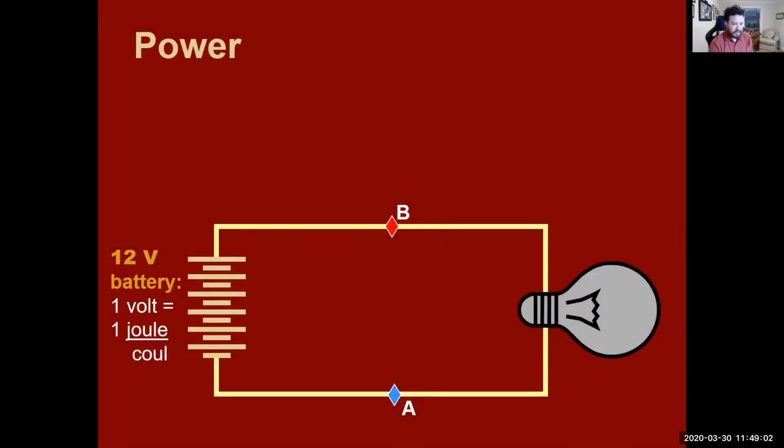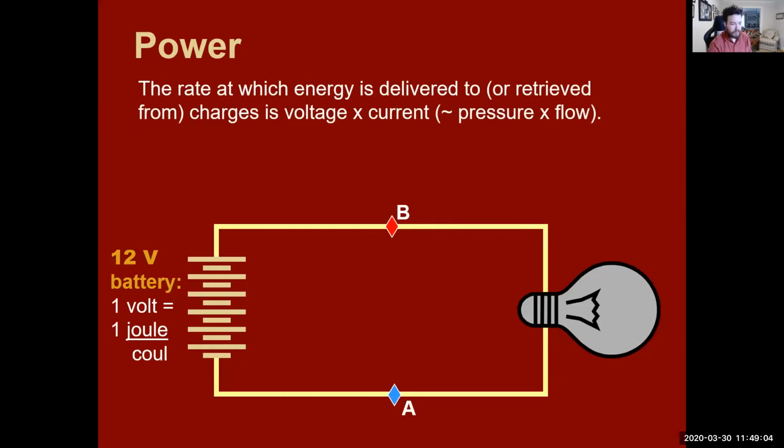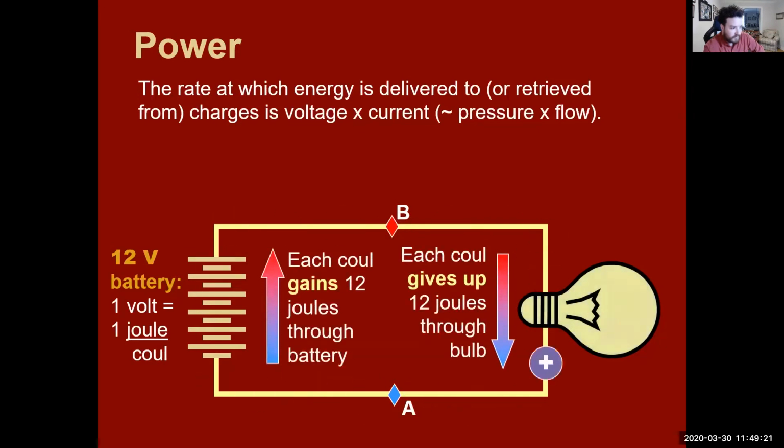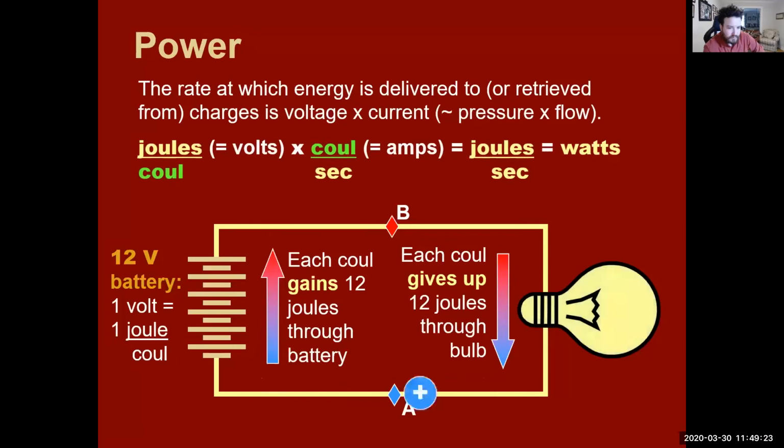So let's move on to power. The power is the rate at which energy is delivered to or retrieved from charges is voltage times current, which is pressure times flow. So joules over coulomb is equal to volts. All right, so we have volts times amps is equal to watts.